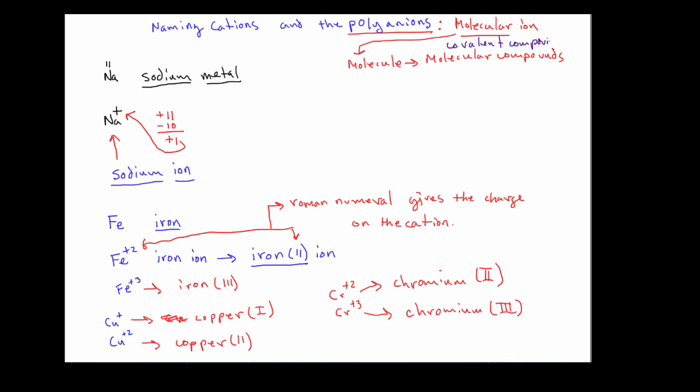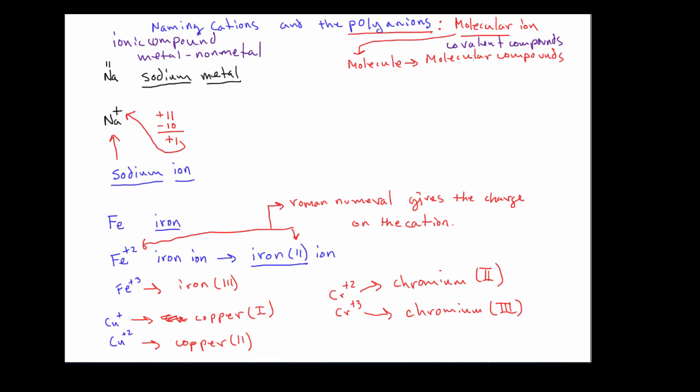Now, what differentiates a covalent compound from an ionic one? An ionic compound usually contains a metal combined with a nonmetal.